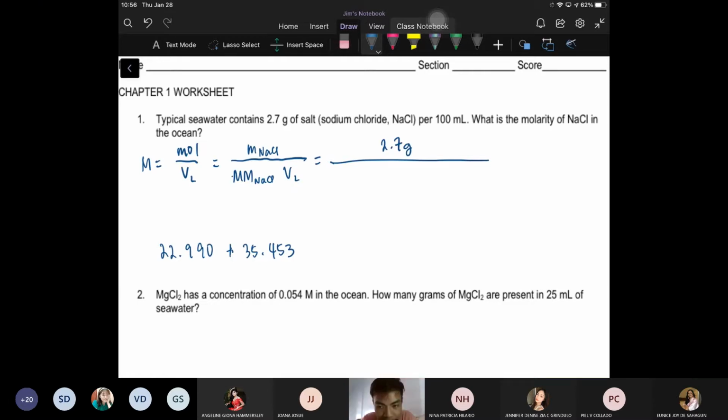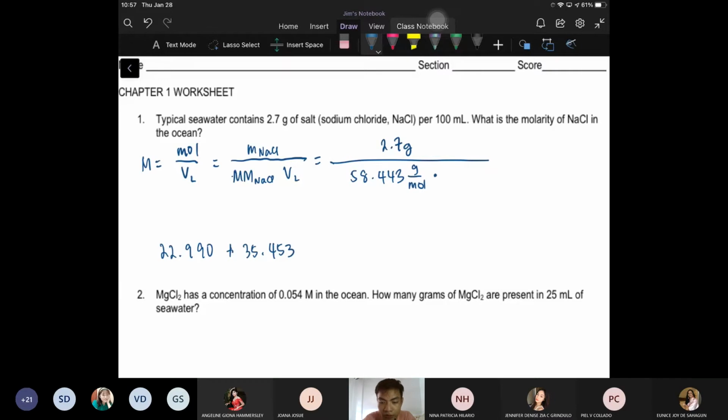Lahat ng numbers dyan gagamitin natin. Okay? So let's add the 2 to get the molar mass of the substance. So that's 22.990 for sodium, 35.453 for chloride. So the molar mass of sodium chloride is 58.443 grams per mole. Siguro yung iba tapos na mag-solve, no?